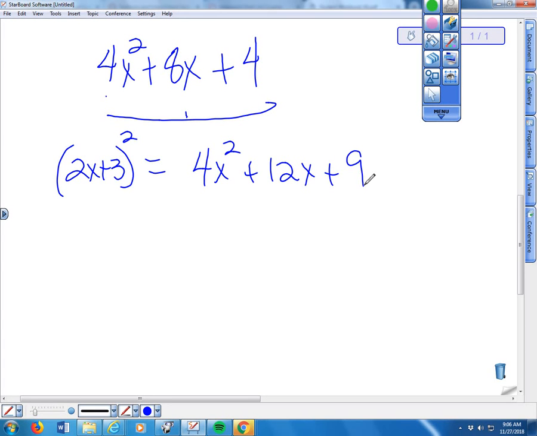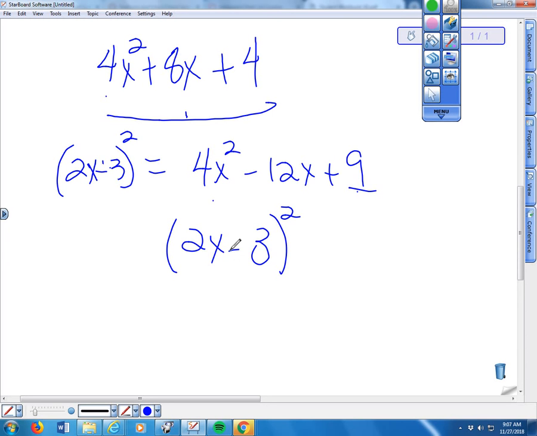So you're going to take the square root of this, and the square root of this. This sign goes in the middle. The square root of 9 is 3. 6 times 2 is 12. It works the same if this is negative. This just becomes negative, and this becomes negative. So whether it's positive or negative, it doesn't matter.